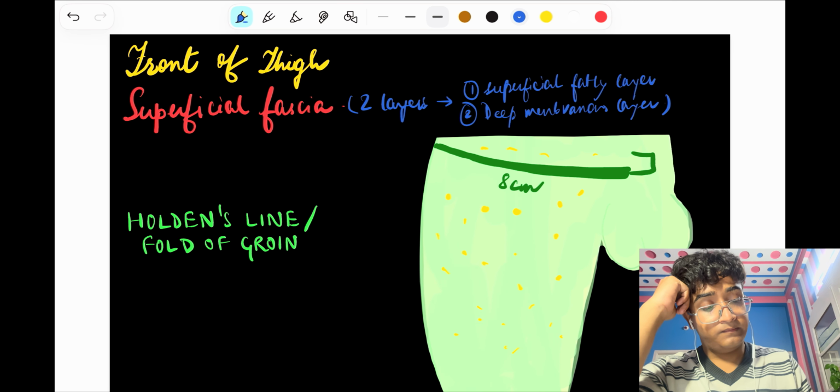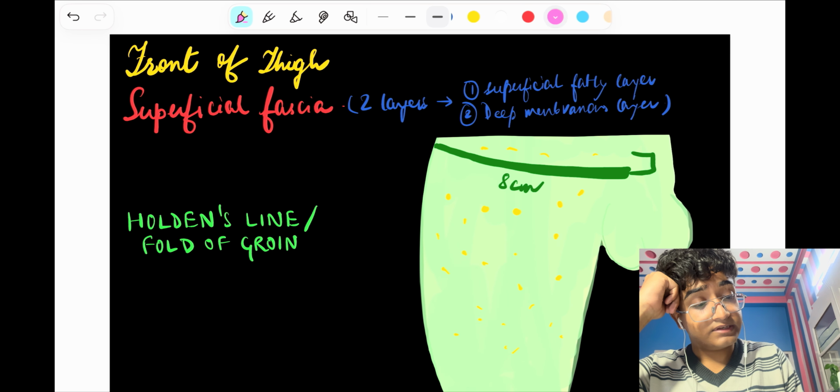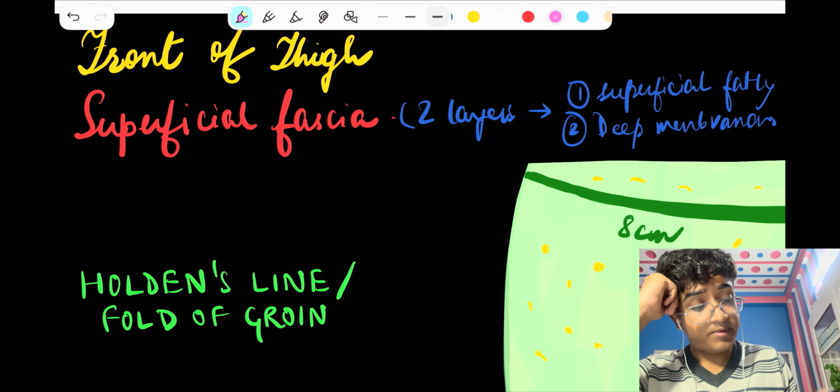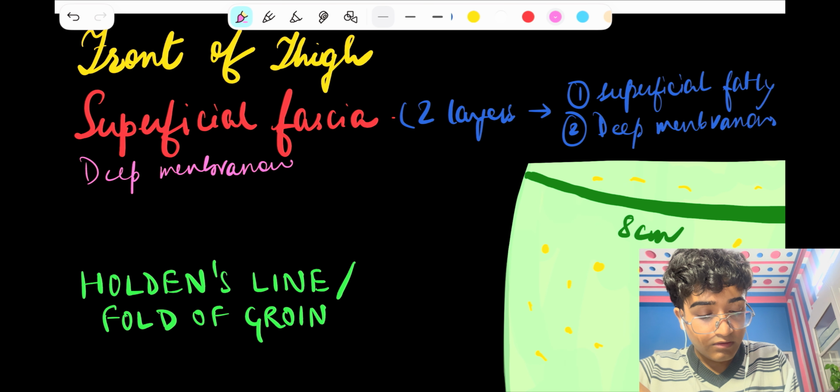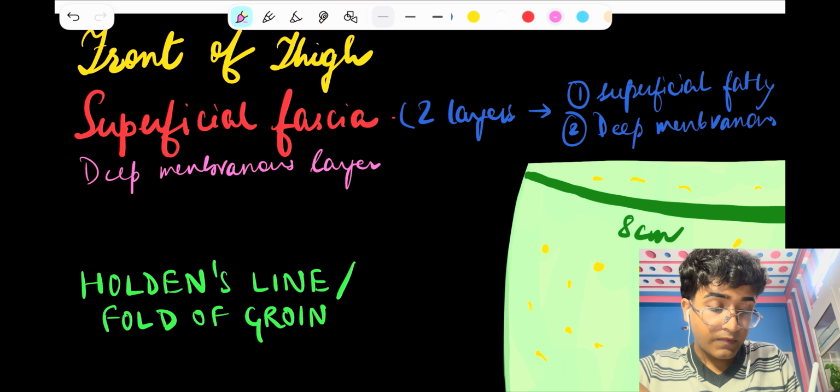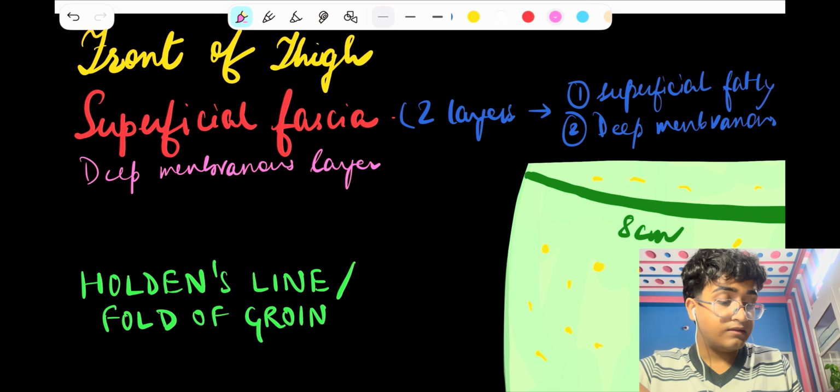Okay, so this deep membranous layer is firmly attached to the abdominal fascia.